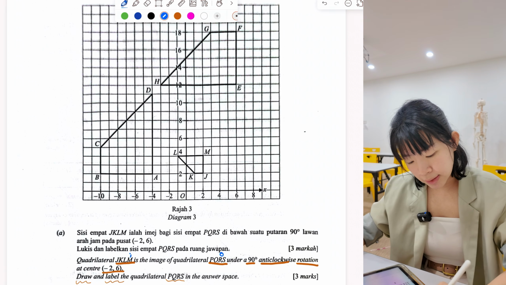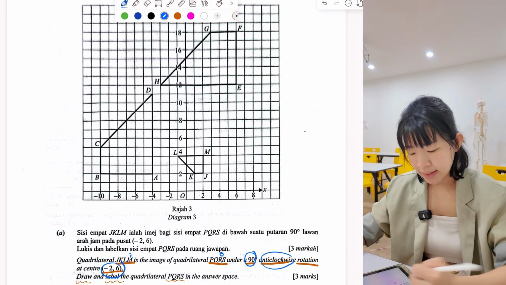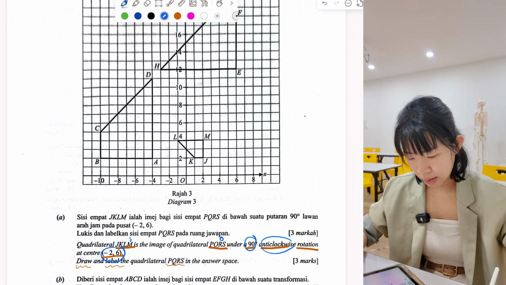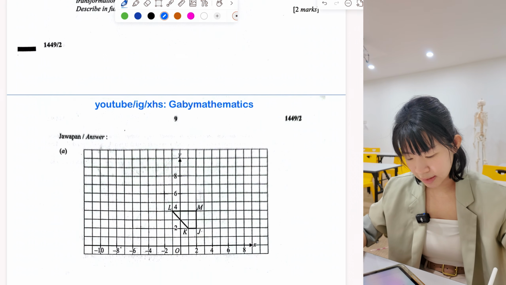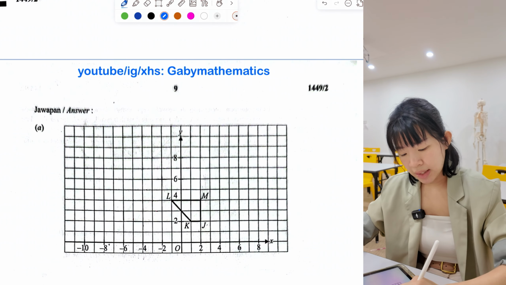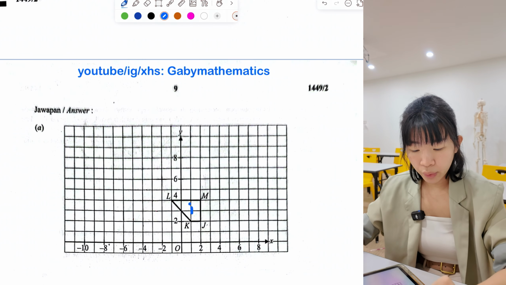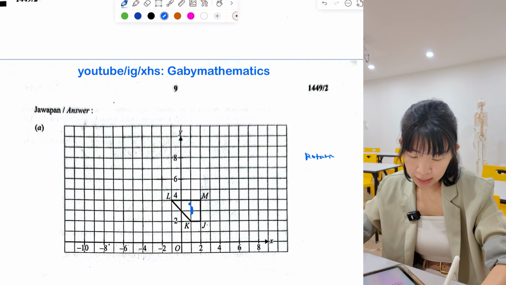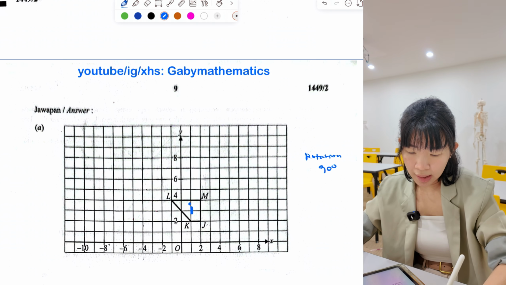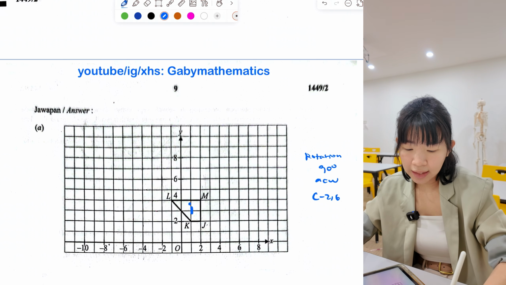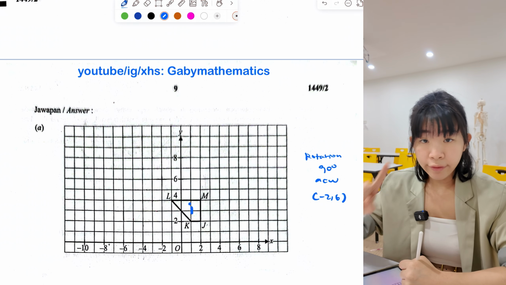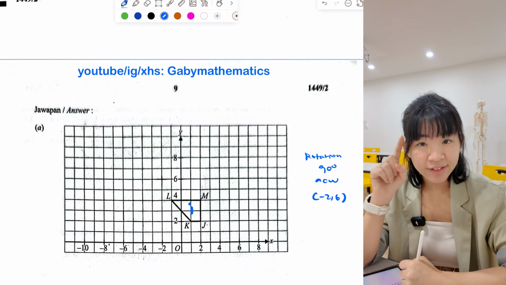So we start from object, they only gave the image. Under 90 degree anti-clockwise, the center is -2, 6. So we draw in the answer space here. So this is the image. For rotation, the given information is that it rotates 90 degrees anti-clockwise, the center -2, 6. For rotation, first thing, find where the center is.